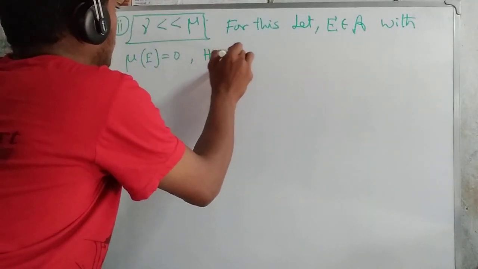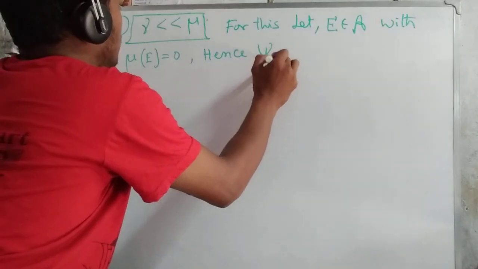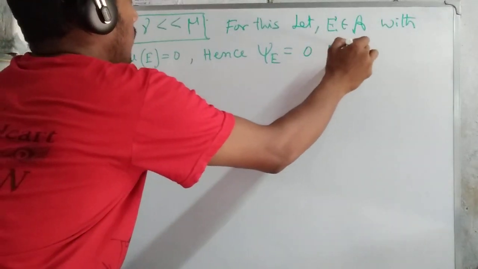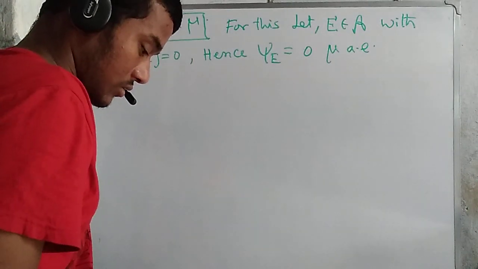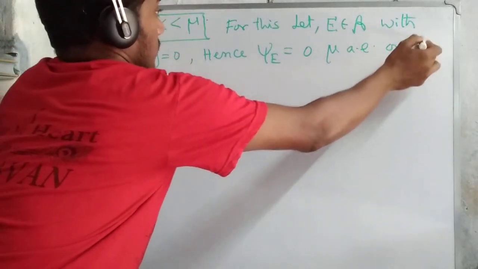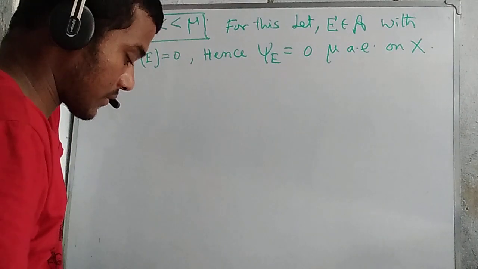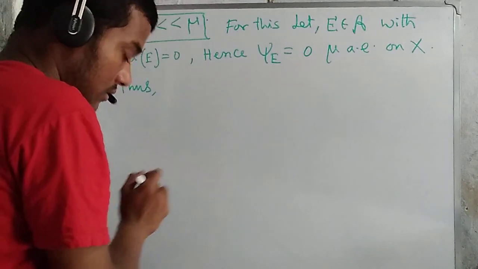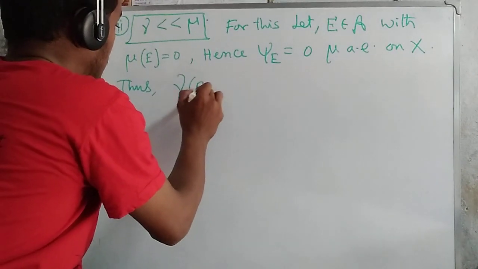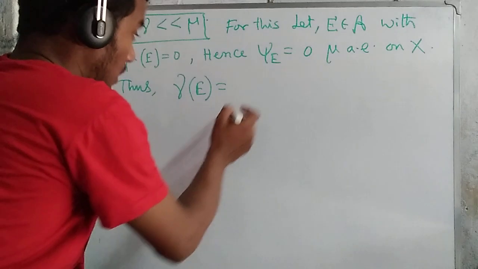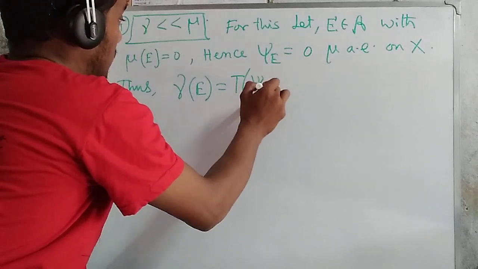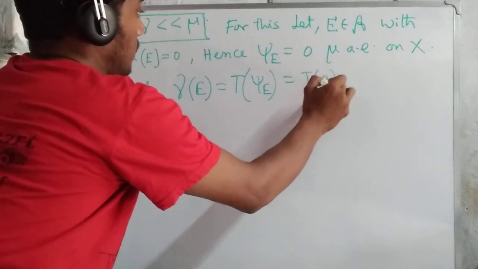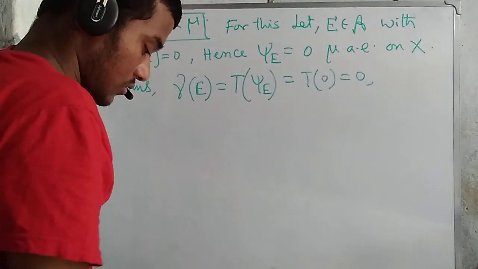Hence psi of E = 0 mu almost everywhere on X, and thus gamma(E) = T of psi(E) = T of 0 = 0.